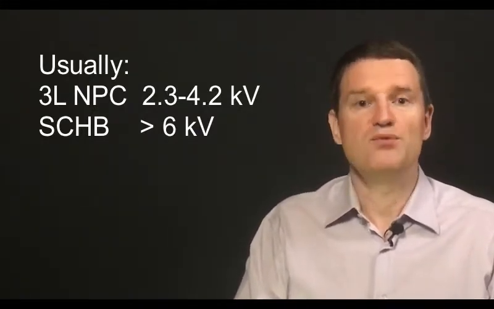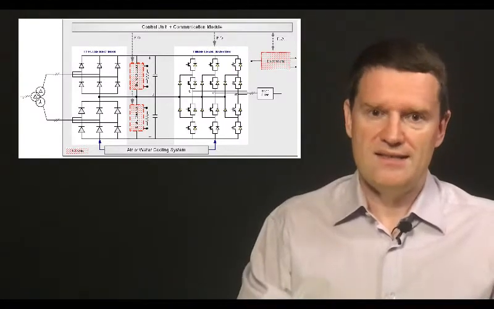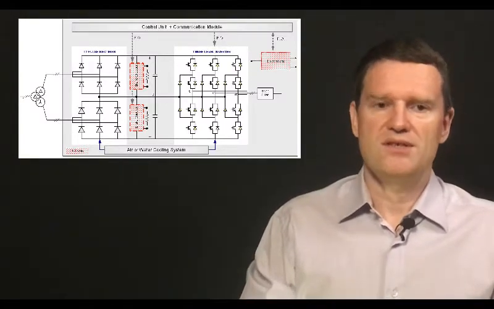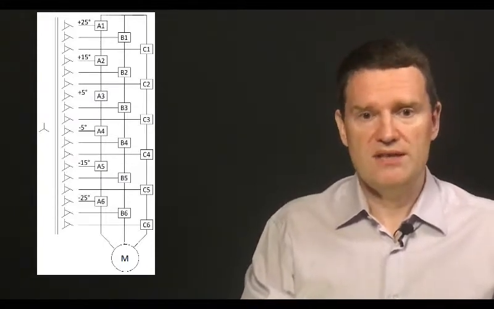That means, if we need a system with 3.3 kV machine, we should use 3-level NPC converter. If we need 6 kV machine, we should use series connected HB. And here we have to take into account that these converters will need different transformers. Okay, let's try it out.